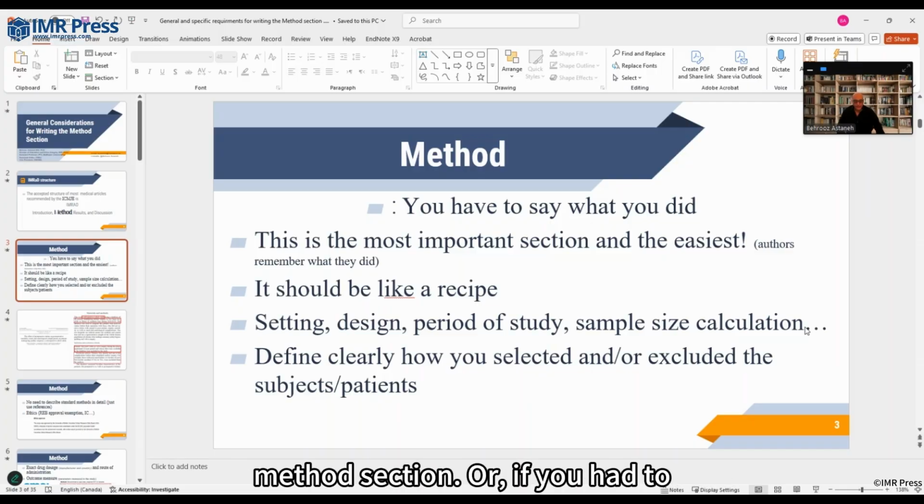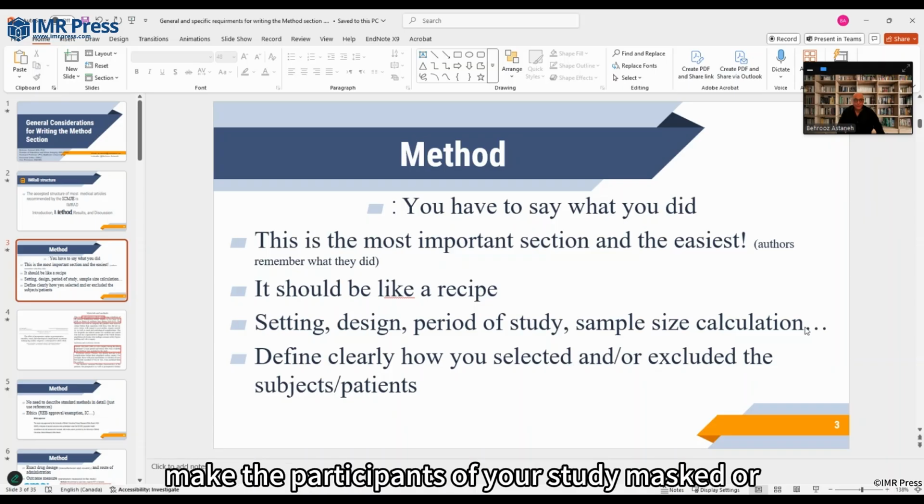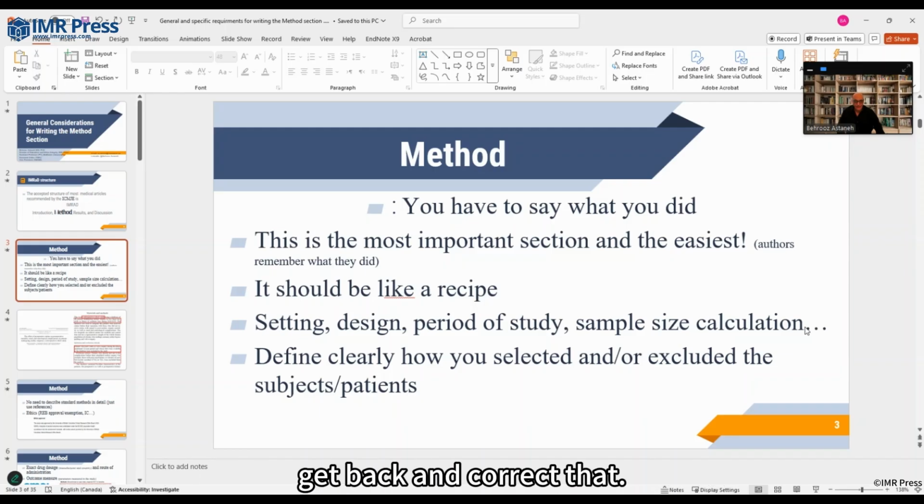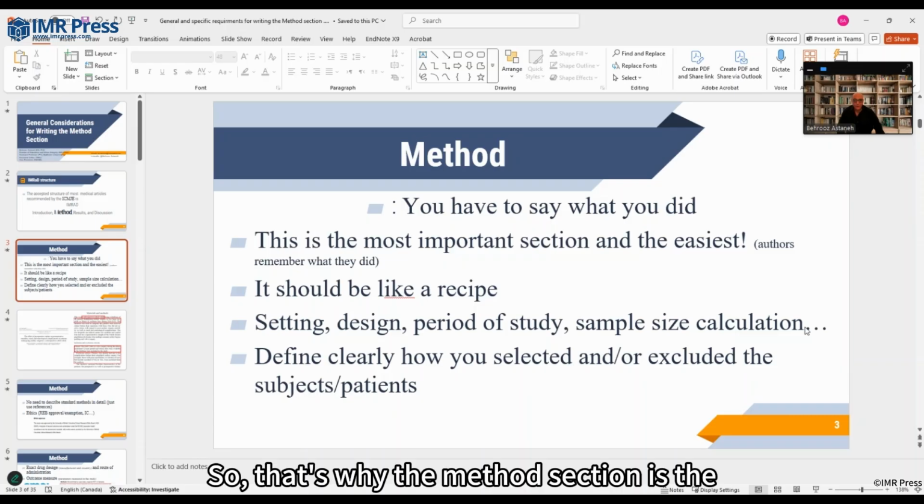Or if you had to make the participants of your study masked or blind, and you didn't do that, you cannot get back and correct that. So that's why the method section is the most important section of your article.